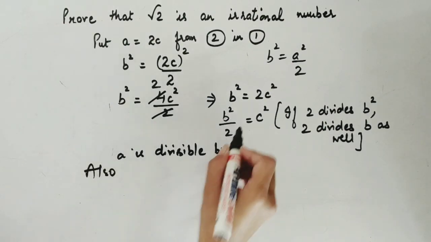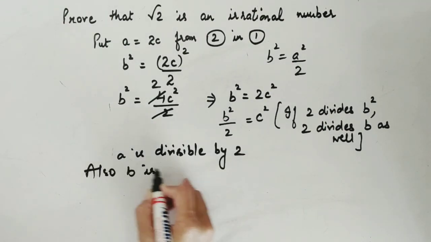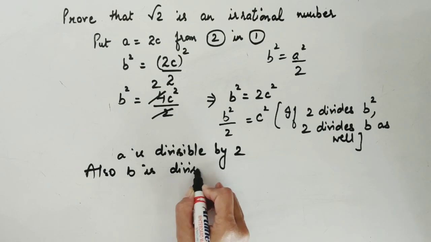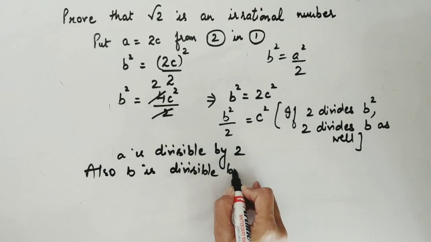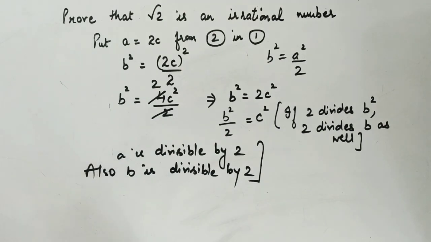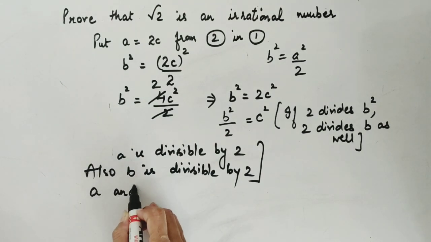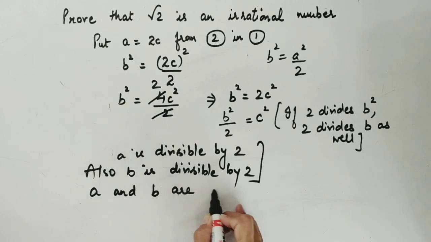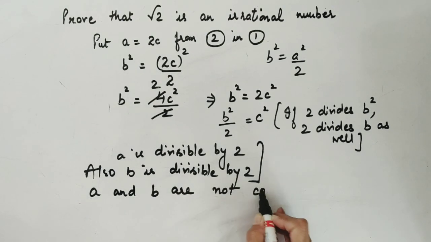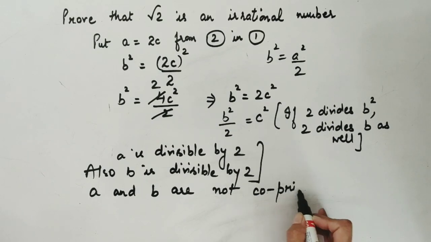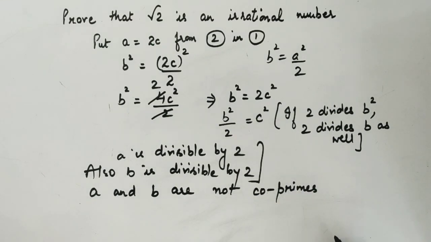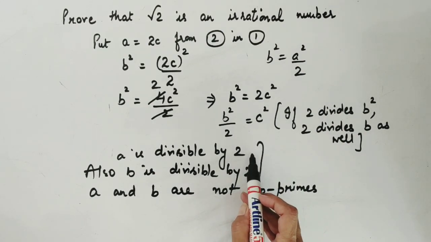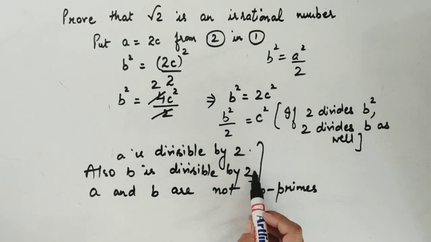Also, now we have proved b is divisible by 2. From here we conclude that a and b are not co-primes, because we know co-primes are the numbers which do not have any common factor other than 1. But we observe that a and b has got one common factor, which is 2.